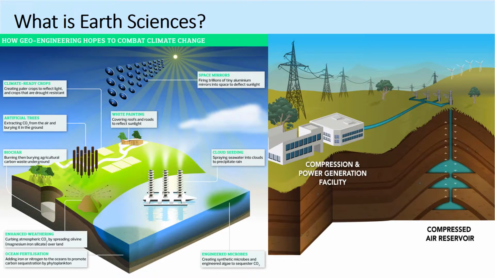The wind blows, and then it doesn't blow, but you need electricity all the time. So one of the solutions we're looking at is to use the energy when we're producing more than we need to pump air into old oil and gas reservoirs. Okay? So we basically just push air into the ground, compress air into the ground.